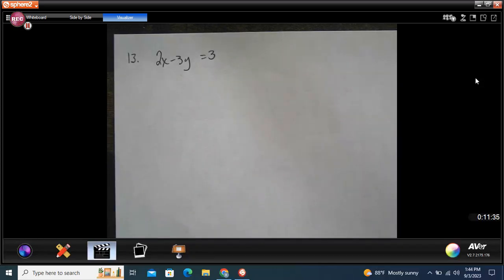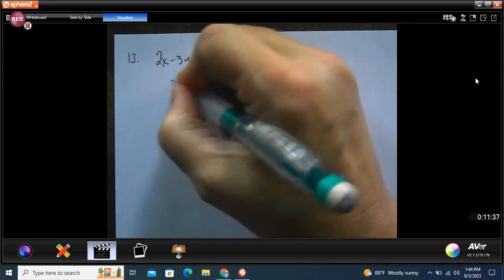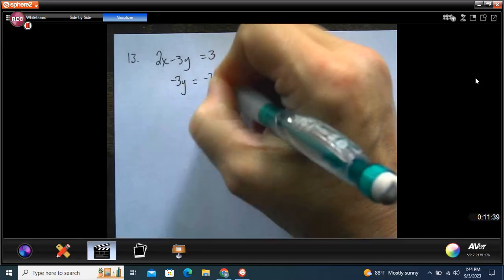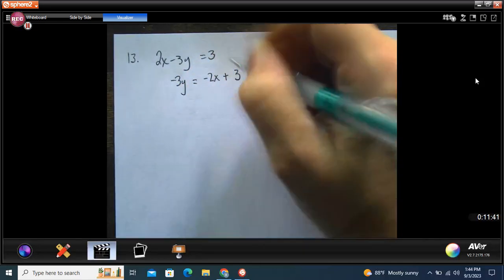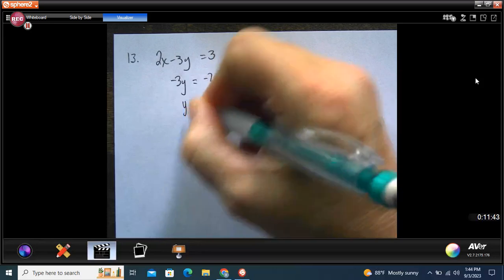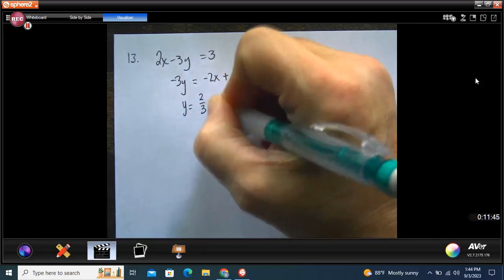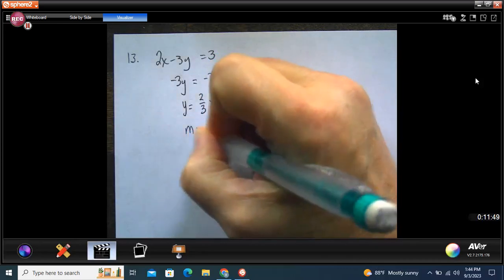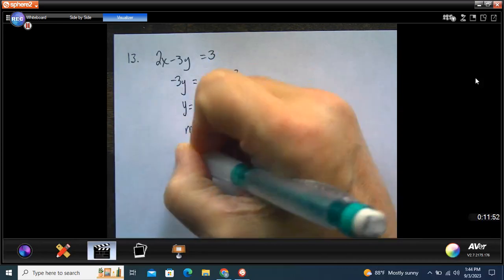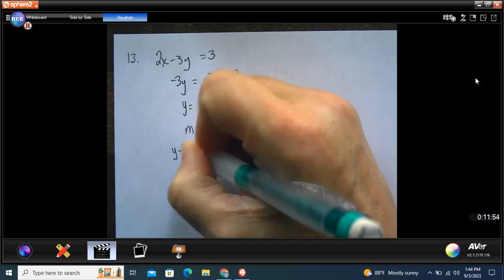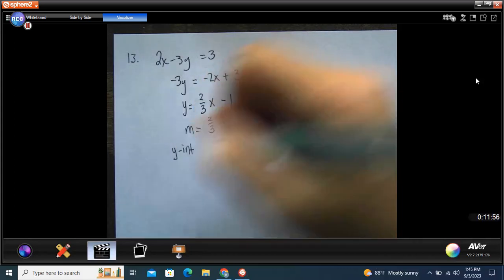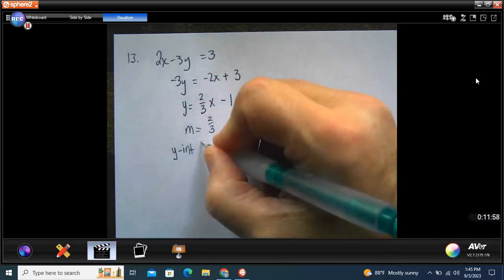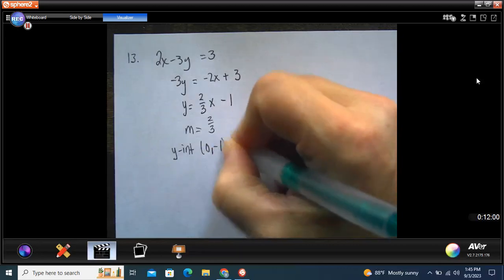Okay, so -3y equals -2x plus 3, and then divide everything by -3, I get 2/3 x minus 1. So the slope is 2/3. This gives me the y-intercept. The y-intercept is 0, -1.